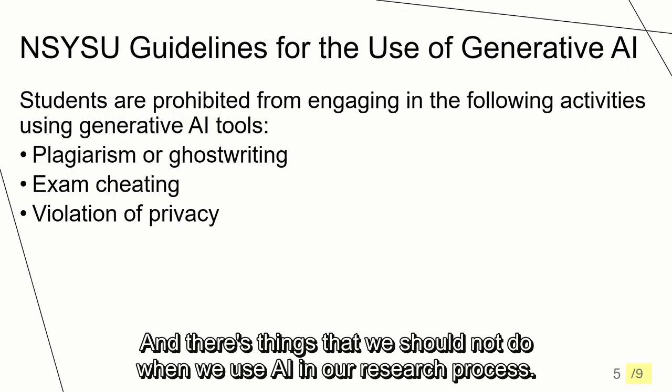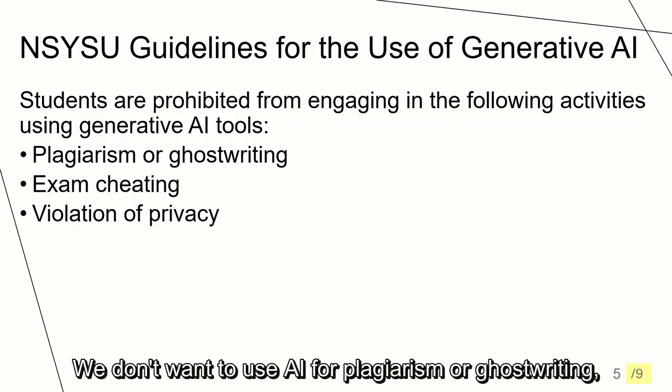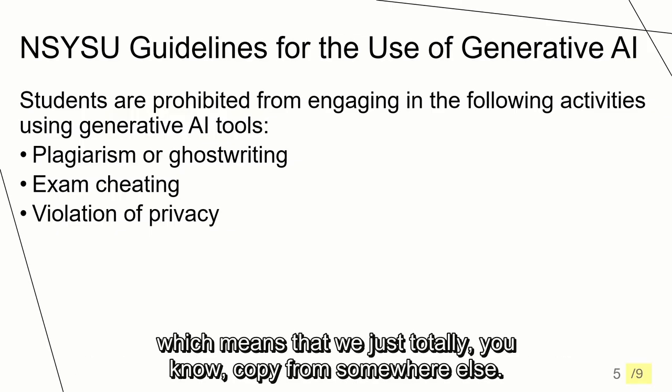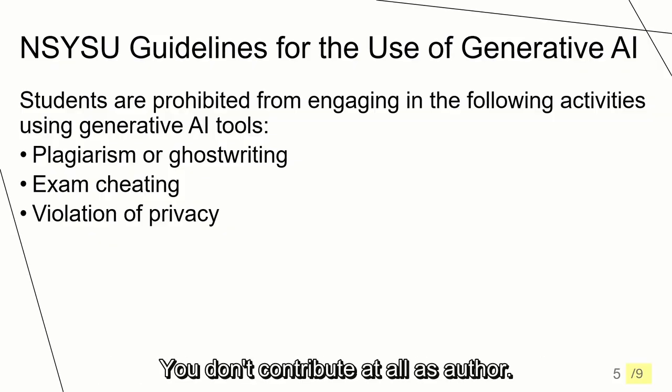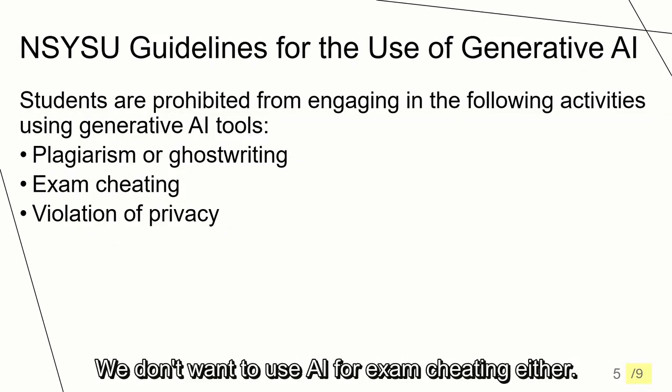And there are things that we should not do when we use AI in our research process. We don't want to use AI for plagiarism or ghostwriting, which means that we just totally copy from somewhere else. Or ghostwriting means using AI to write, and you don't contribute at all as an author. We don't want to use AI for exam cheating either.